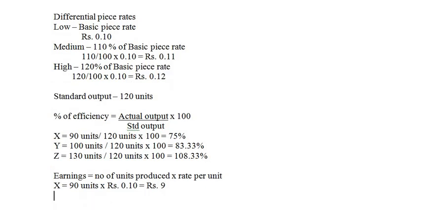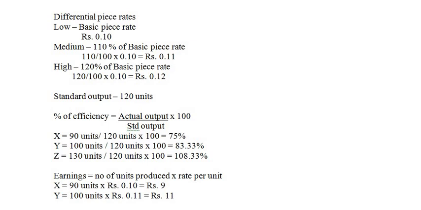Next, worker Y. Number of units produced is 100 units. Now check his efficiency level. His efficiency level is 83.33%, which means 110% of basic piece rate is applicable, because it is more than 83%. So 110% of basic piece rate is rupees 0.11, which gives rupees 11.